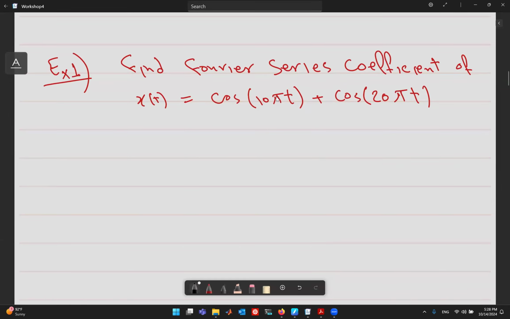I'll solve this question in 2 different methods. One of them is easy. The other one is also easy but long. I'll start with the easy one.